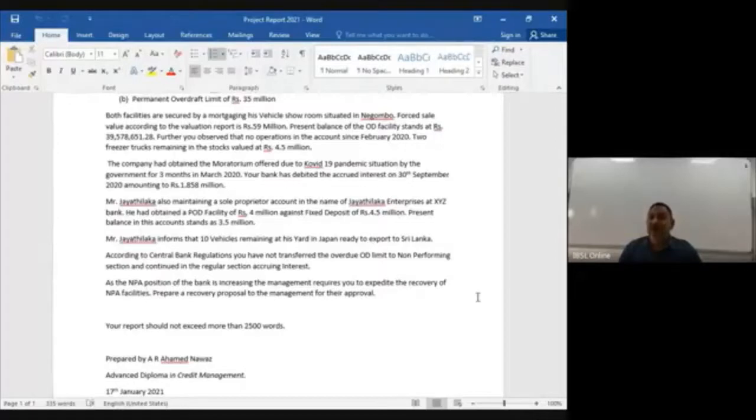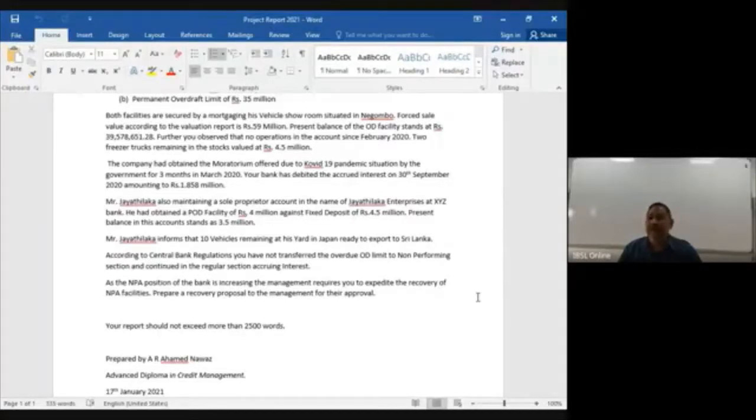Mr. Jayatilaka also maintained a sole proprietor account in the name of Jayatilaka Enterprise at XYZ Bank. He had obtained an OD facility of 4 million against a fixed deposit of 4.5 million. The present balance in his account stands at 3.5 million. So this is another account he has at XYZ Bank, where he is the sole proprietor, and it stands at 3.5 million OD against a 4 million OD facility.